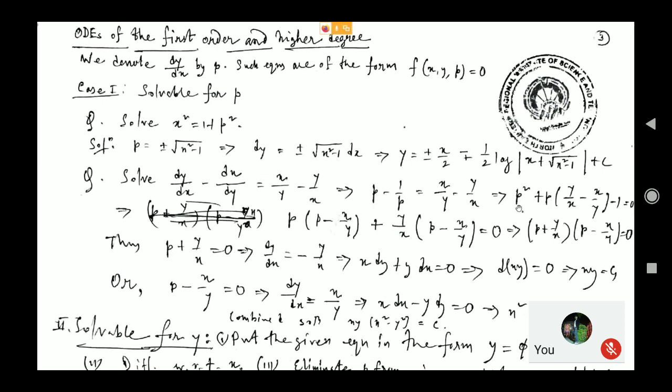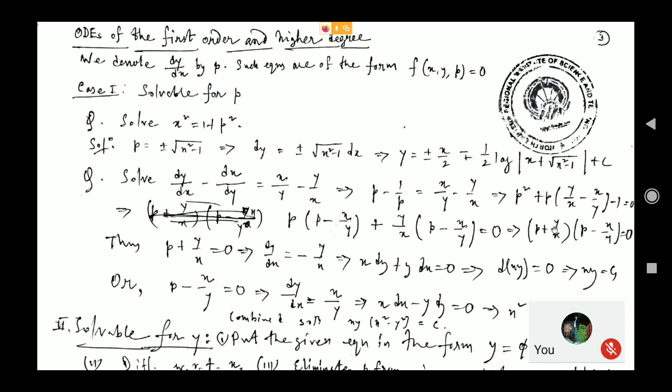And then in the next step, if we factorize it like this, we have one factor as p minus x/y, and the other factor is p plus y/x equal to 0. Now we can solve for p.